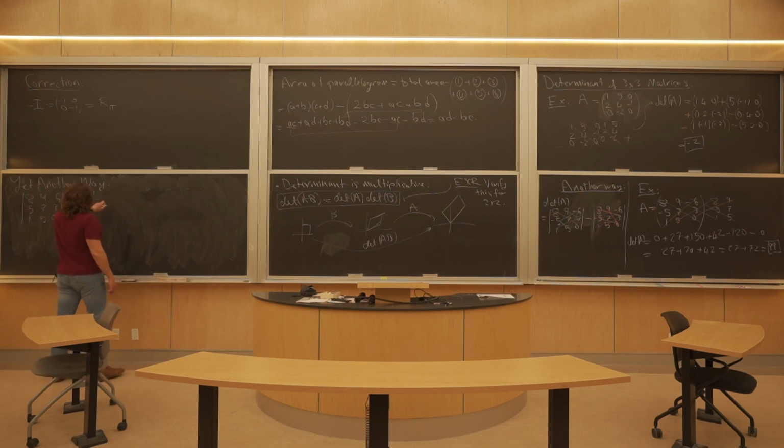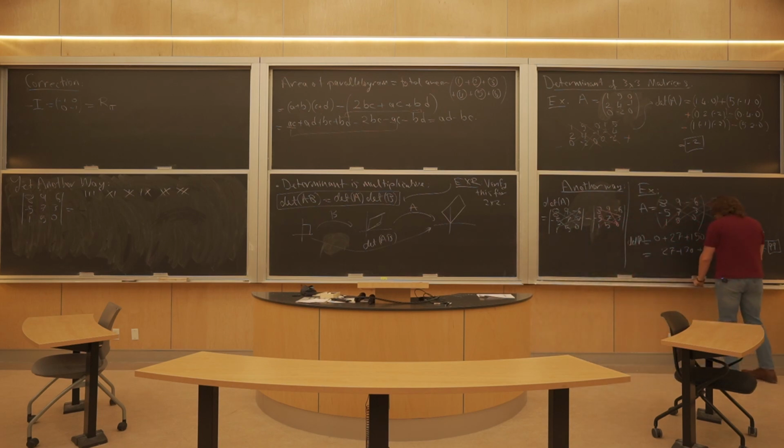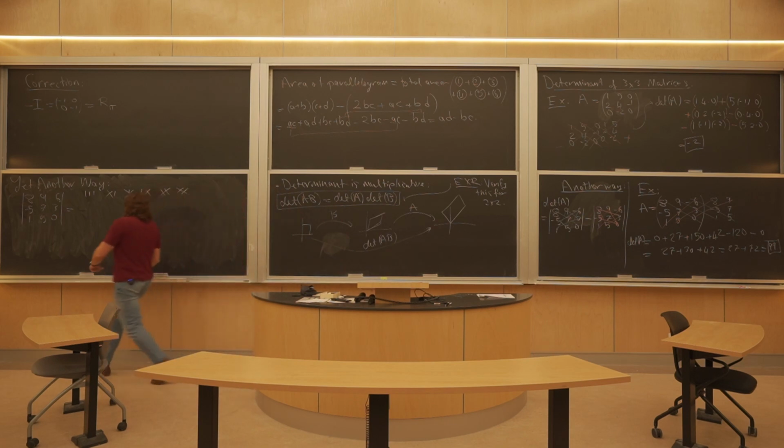And recall from yesterday, the signs for these corresponded to how many crosses that I had, or, in other words, whether or not a certain permutation changes the chirality of your space. So based on that, the signs should be like so. It's a plus, minus, minus, minus, plus, plus.